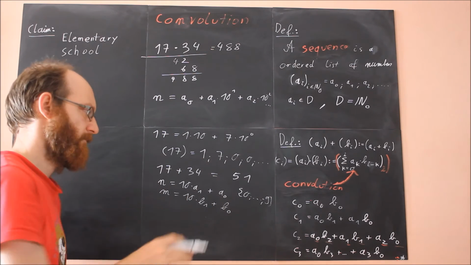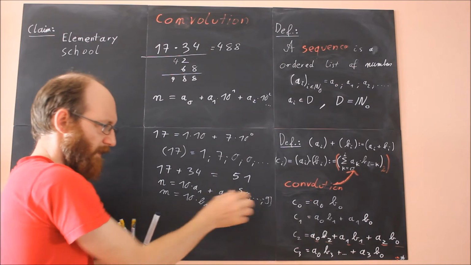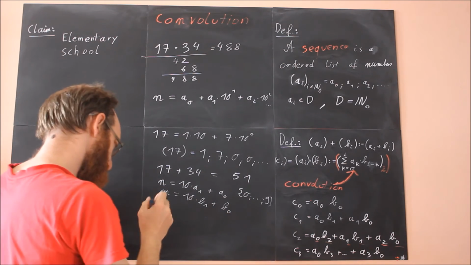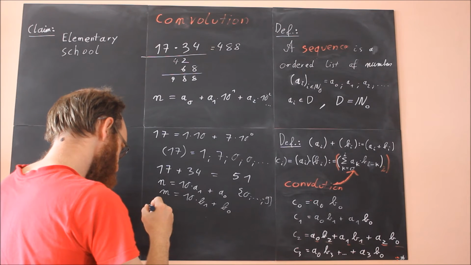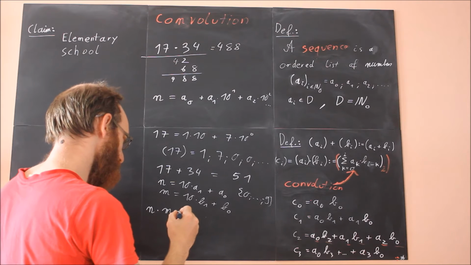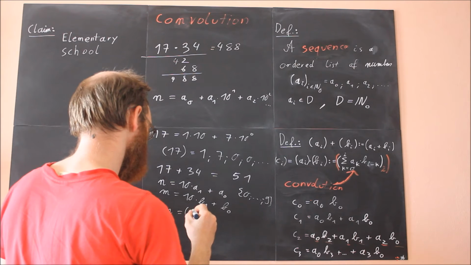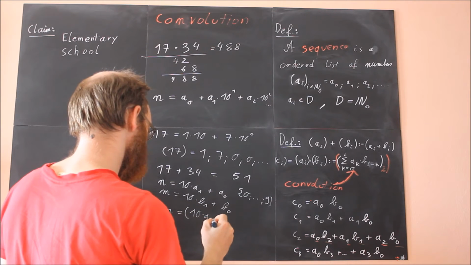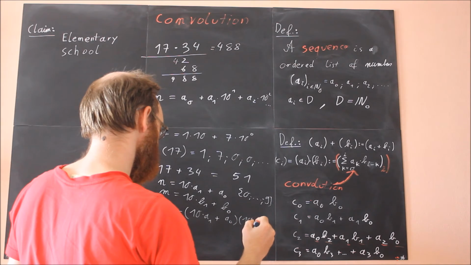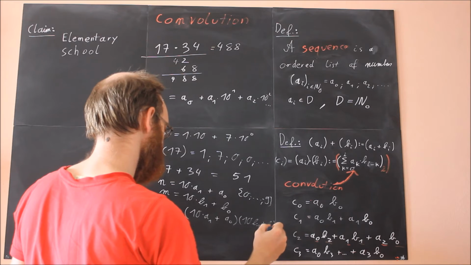But we forget about this for a second. If we multiply them, we have 10a1 plus a0 times 10b1 plus b0.